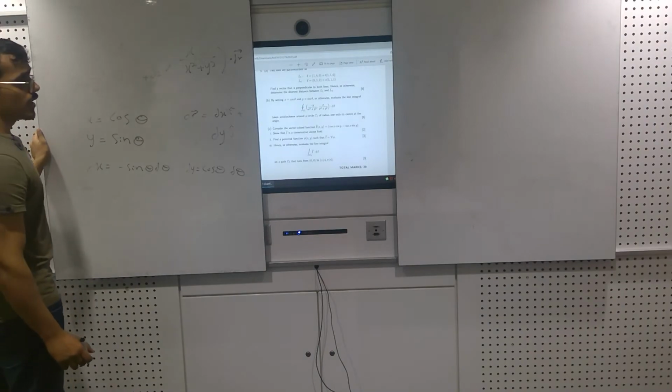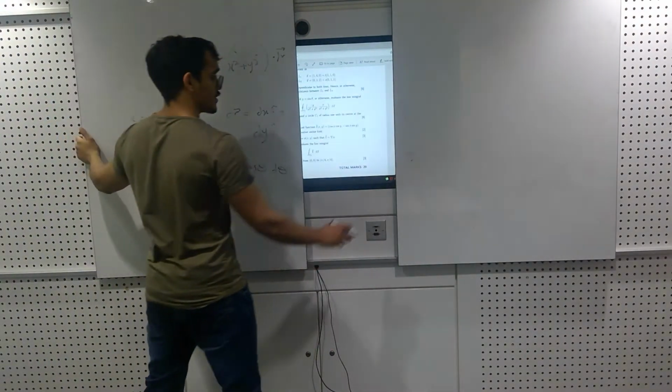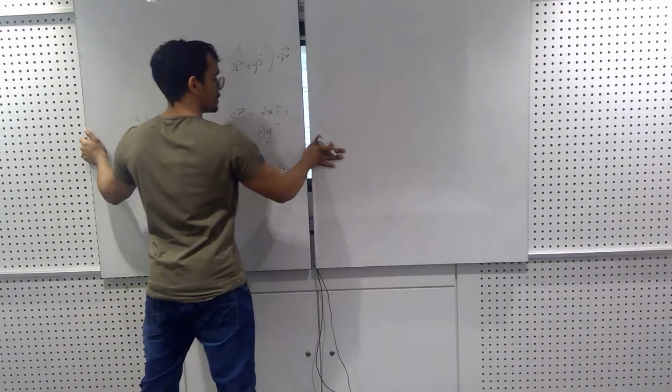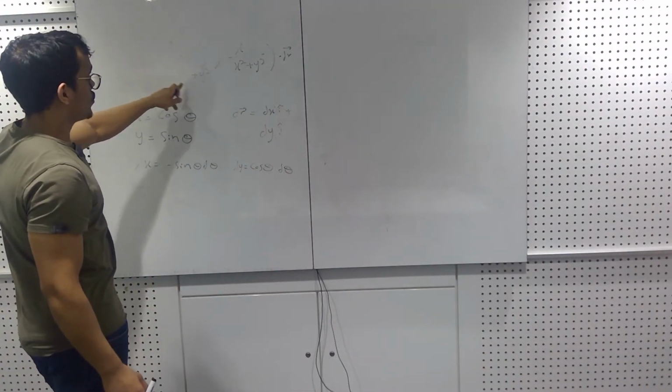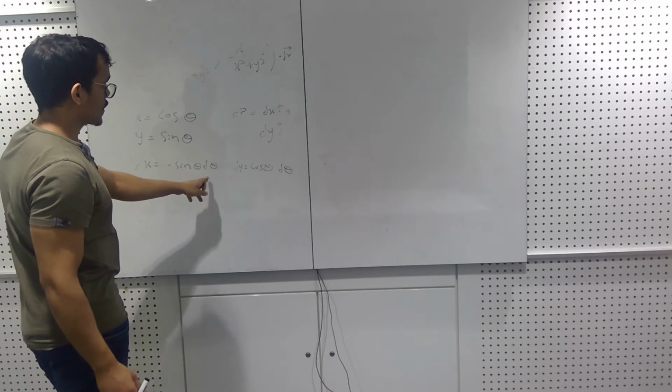So this is cosine of theta and this is sine of theta. We change the integral into a theta form.